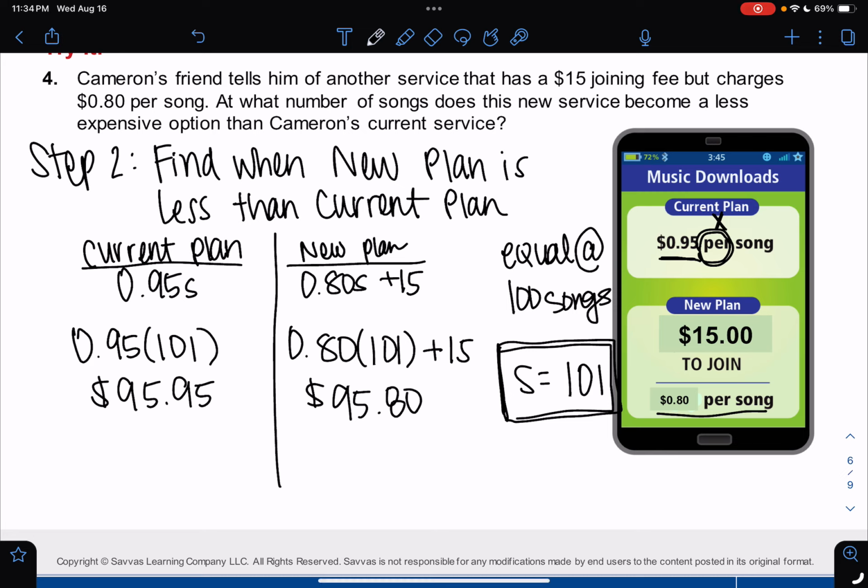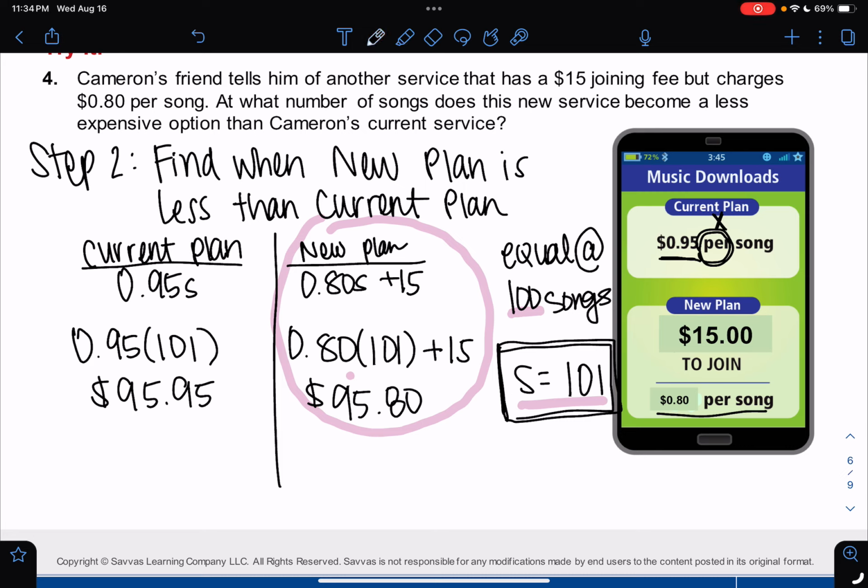Okay, so we can obviously see now that the new plan is cheaper here. And what made this special is that the amount that we chose was over the amount that they're equal at, right? So that means that anything over 100 songs is when he's going to need to go ahead and switch to that new plan.